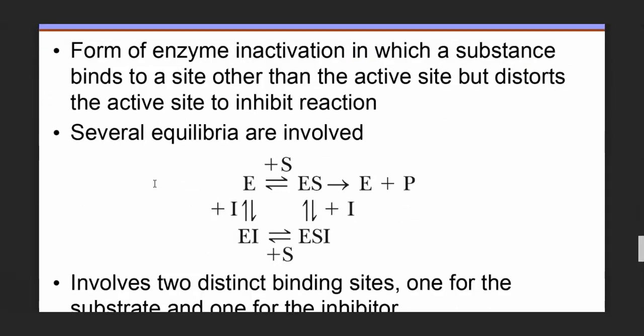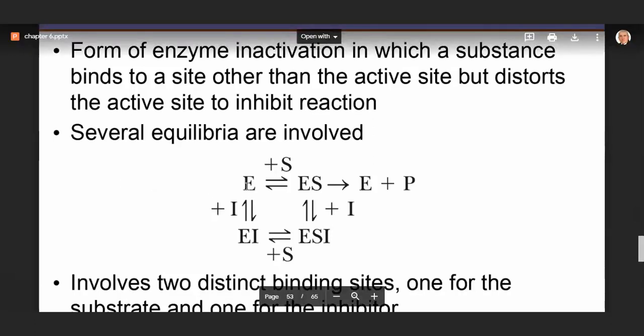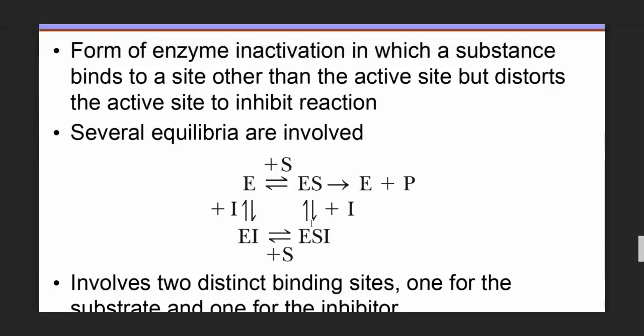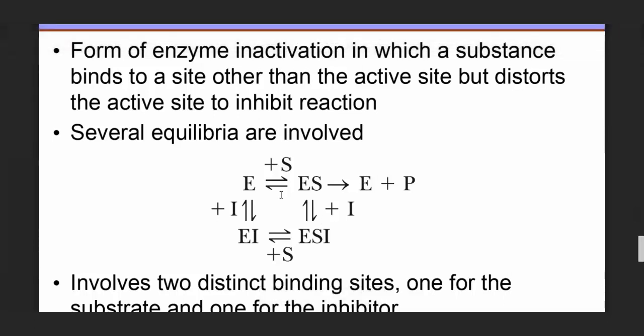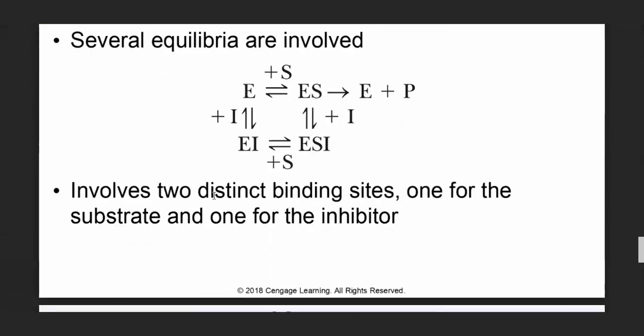Here, the non-competitive inhibitor is able to bind either to the free enzyme or to the enzyme-substrate complex. Thus we have this cyclic type of equilibrium, and this is why increasing the substrate concentration will not relieve this type of inhibition. The other point is that the non-competitive inhibitor binds to a site other than the active site.